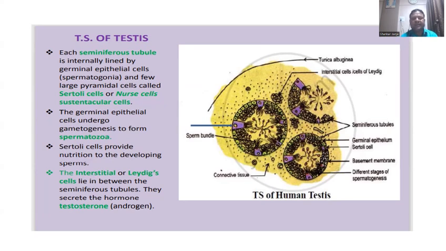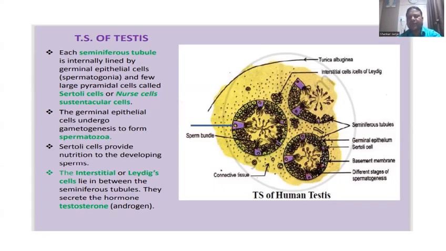And the Sertoli cell is a pyramidal cell to which bundles of sperms are attached. From the primordial germ cell, spermatogonia form.